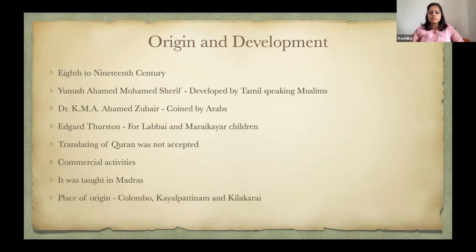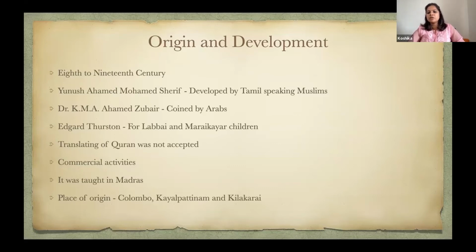There are a lot of questions, like why did Tamil Muslims make a script for themselves? Yunus Ahmad Muhammad Sharif says this was developed by the Tamil-speaking Muslims because the Quran, as we know, is not allowed to be translated into any other language. It was in Arabic and it should be learned in Arabic.